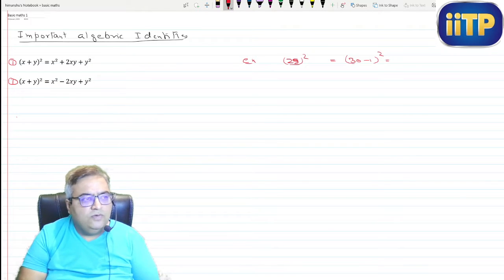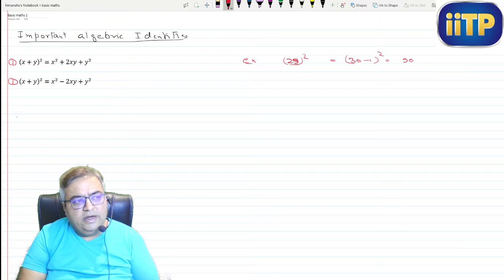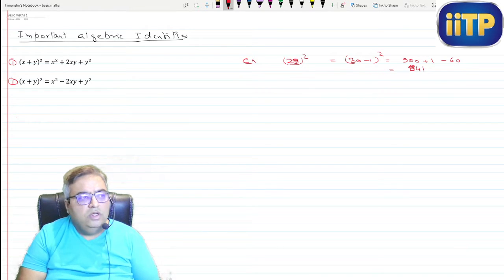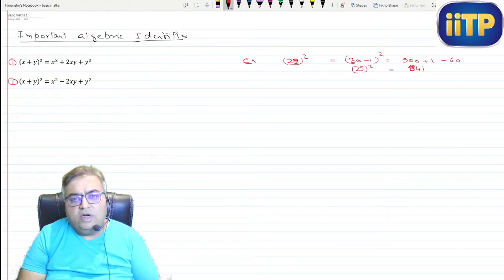So by using this formula, that will be 30 square, that is 900, plus 1 square, that is 1, minus 2 into 30 into 1, that will be 60. So that will give you 940, that will give you 841.